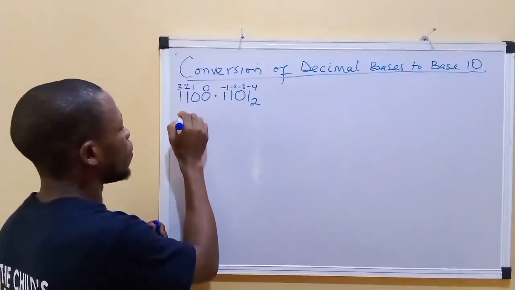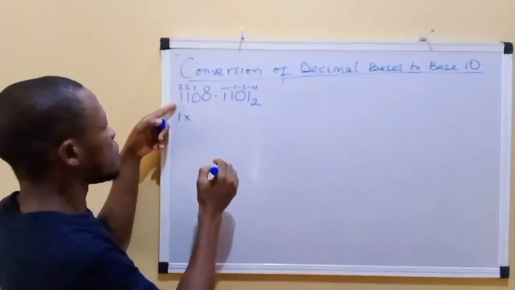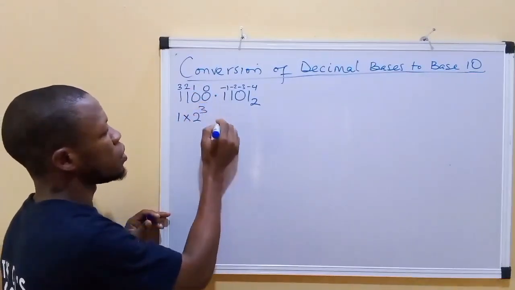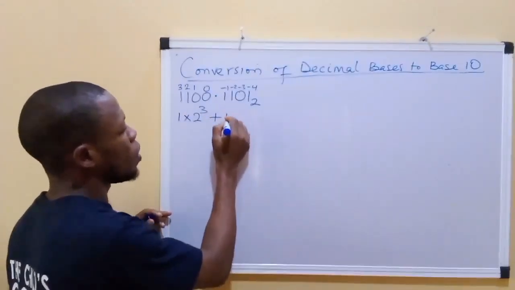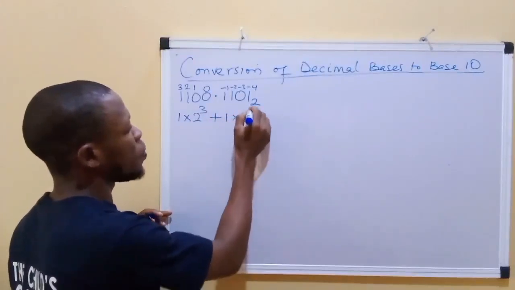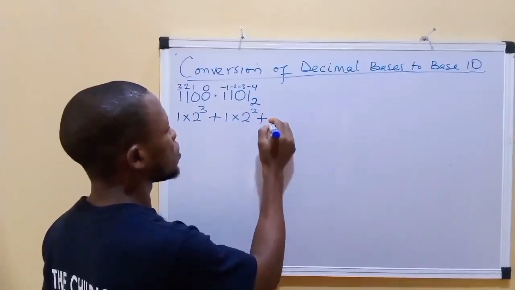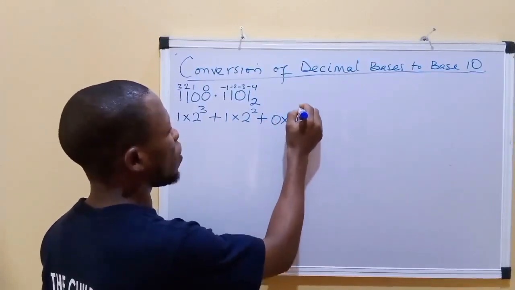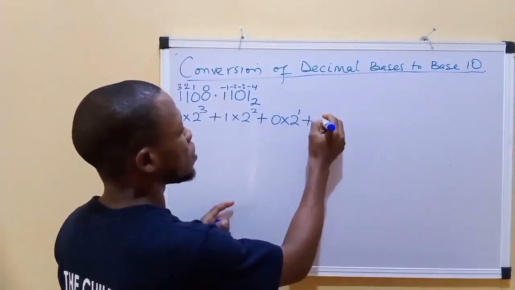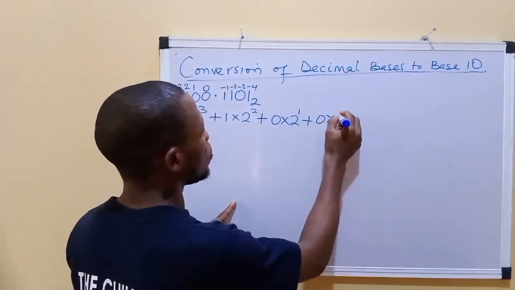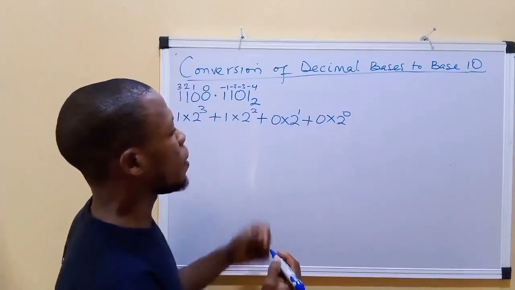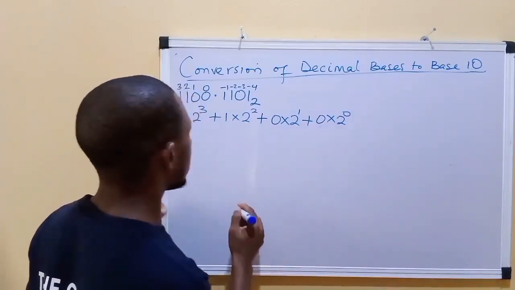So let's go. 1 times the base raised to power 3 plus 1 times the base raised to power 2 plus 0 times 2 raised to power 1 plus 0 times 2 raised to power 0. Now this is the whole number part. Let's deal with this first.